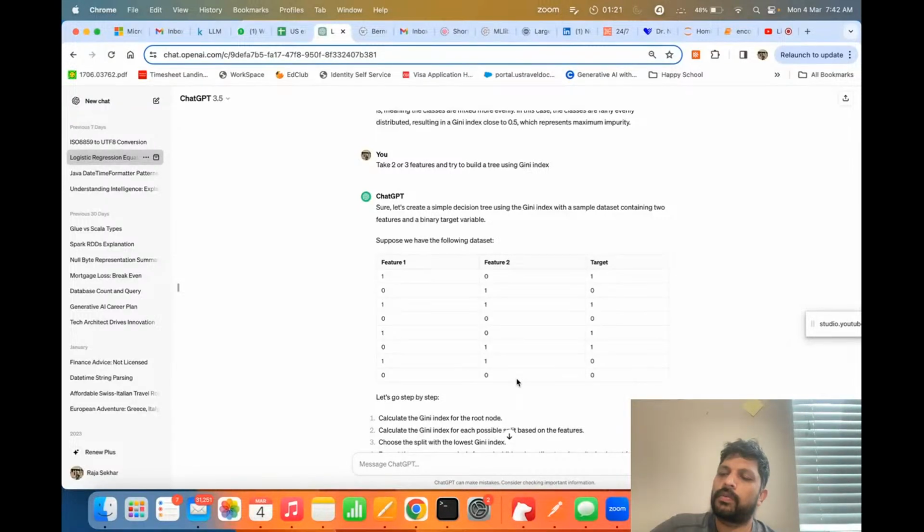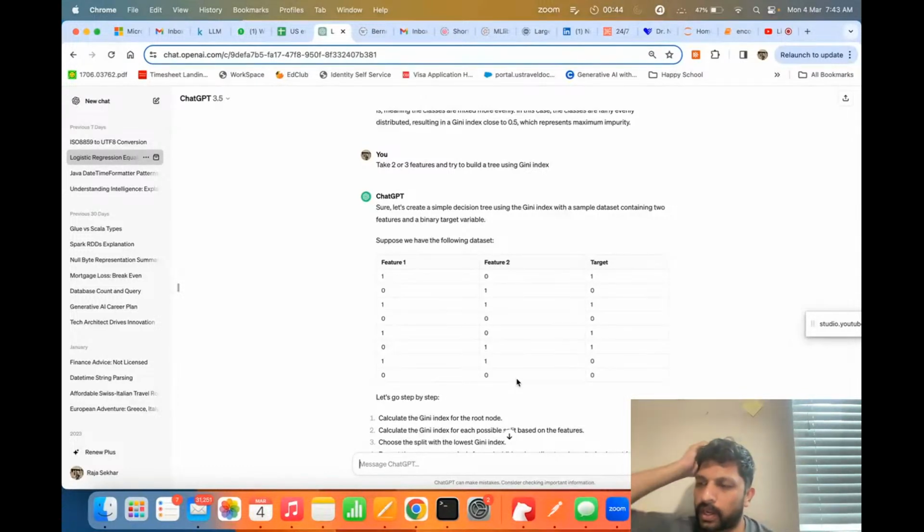You get 1 comma 1 on one side, 1 comma 0 on the other side. If you pick feature 2 equal to 1, you get 1 comma 0 on one side and 1 comma 1 on the other. This is for the left node. Coming to the right node, if you pick feature 2 equal to 0, you get 0 0 on one side and 0 1 on the other, and feature 2 equal to 1 on the right node will become 0 1 on the left node and 0 0 on the right node.